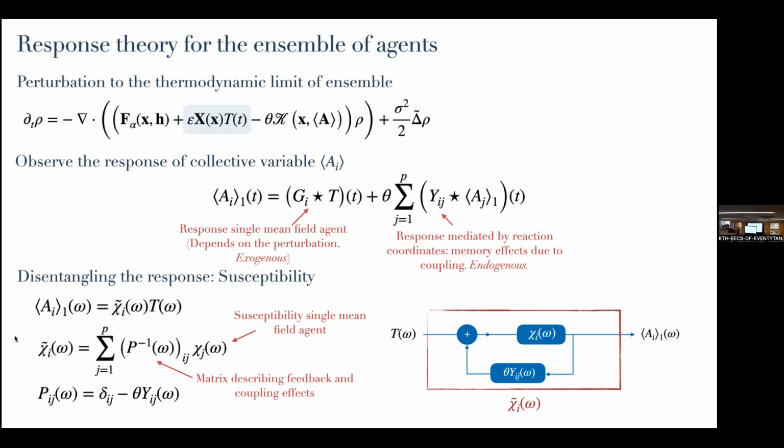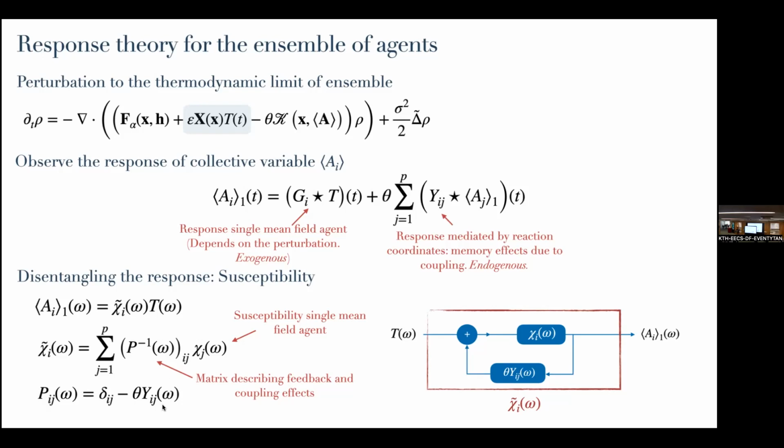And this susceptibility function, this tilde chi, is not simply the susceptibility of a single agent, but it's modified by a matrix, the inverse of P, that depends only on the endogenous Green's function of the system and describes the feedback that is happening in the system.